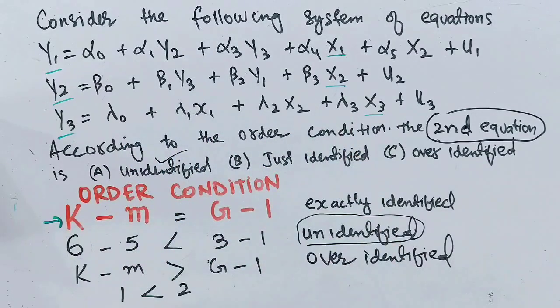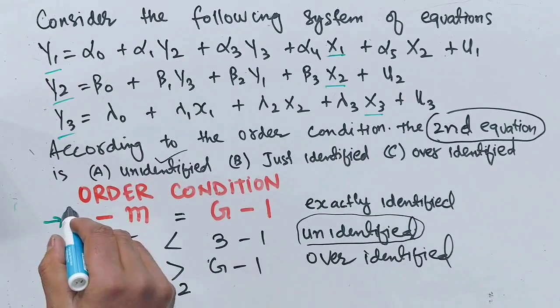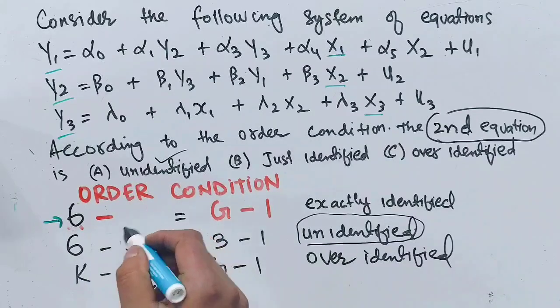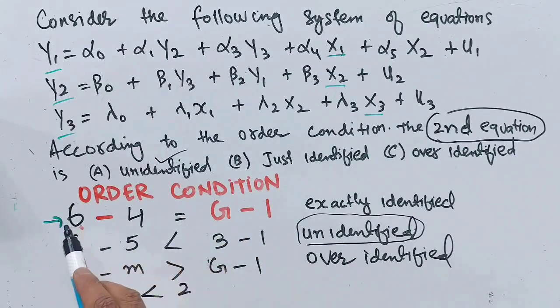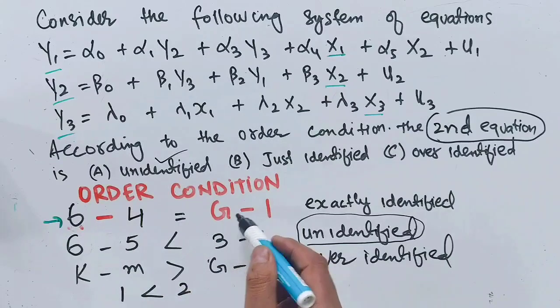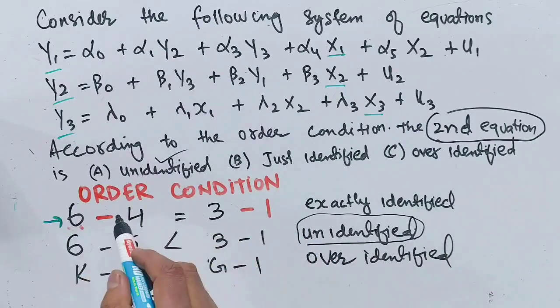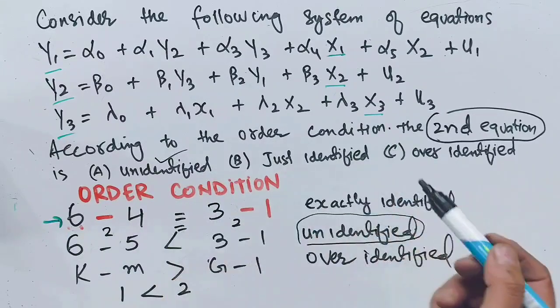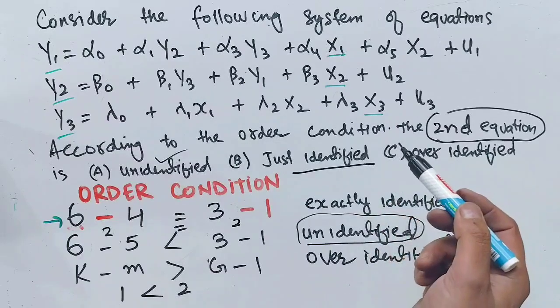So m is 4. Here k is 6 and m denotes the number of variables in a particular equation, which is 4. So 6 minus 4 is 2, and g minus 1 is 3 minus 1, which is 2. So the second equation is just identified, or exactly identified.